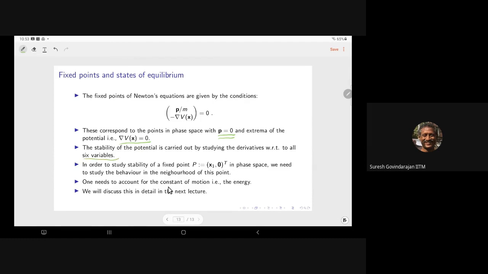But there is some simplicity in this whole thing. In order to study the stability of the fixed point, which would be x equal to some vector x1 and p equal to 0 in phase space, we need to study the behavior in the neighborhood of this fixed point in phase space. And one needs to account for the constant of motion called energy. This is something we will discuss next lecture.